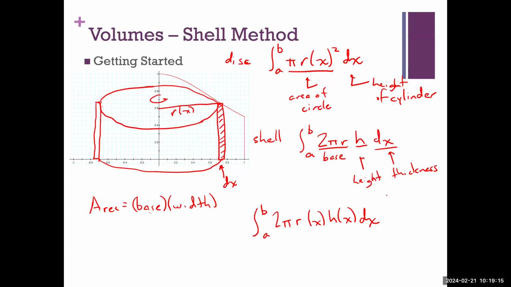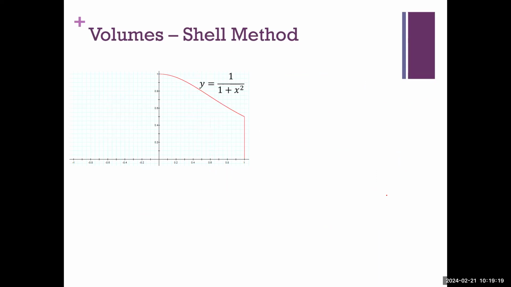Okay, so let's try to clear some of these things up by putting some concreteness to it. Here's this function, y equals 1 over 1 plus x squared. And just like I described, I want to find the volume of this thing as I revolve it around the y-axis. Because right now I'm dictating that we use the shell method, we are going to use dx rectangles.